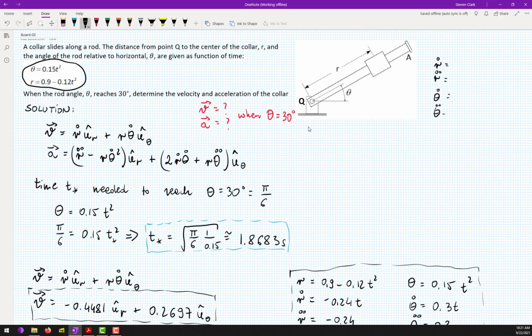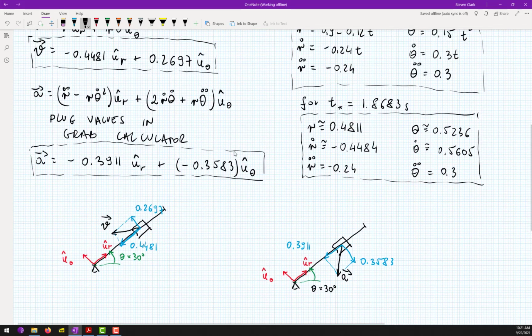And the collar goes farther from point Q or closer to point Q based on this. Yes, closer, because of the distance. So it's like a spiral, and the collar will come closer and closer to point Q. In general, it will be a spiral. But at this time instant, these are our velocity and acceleration.